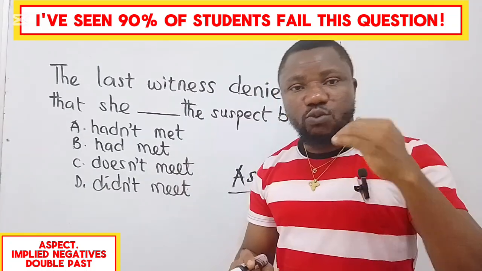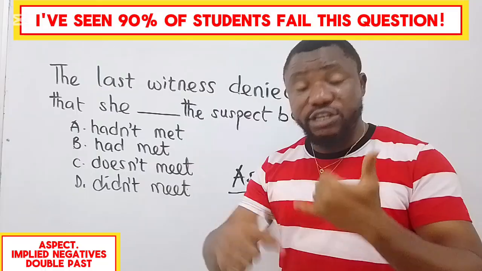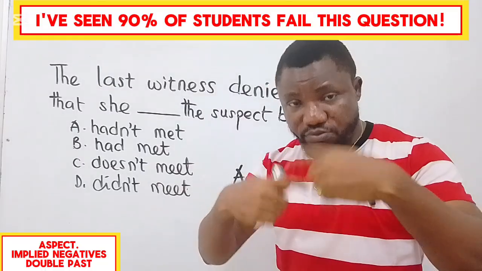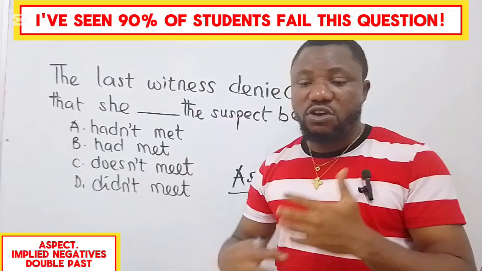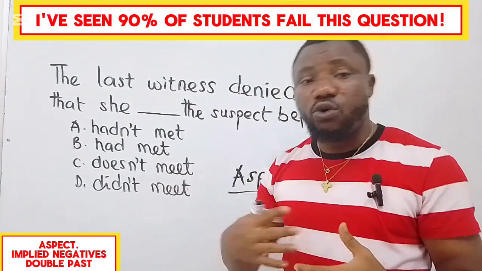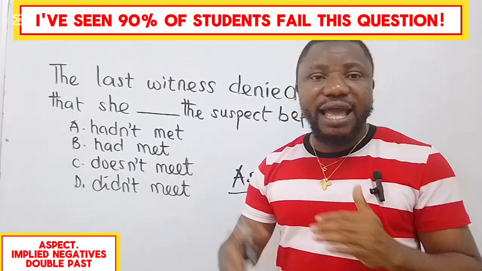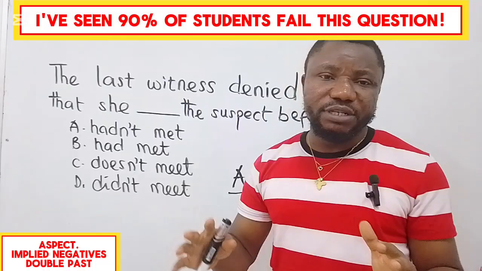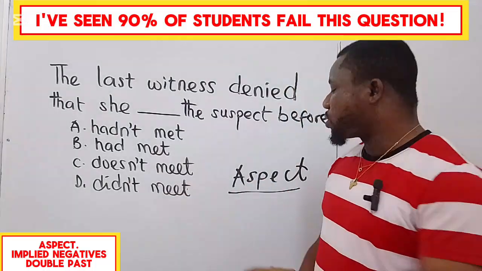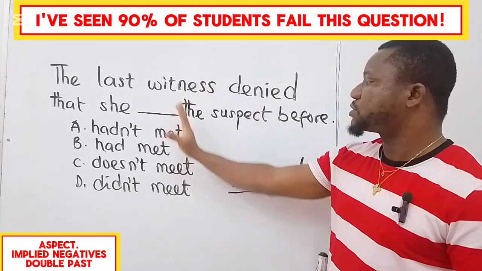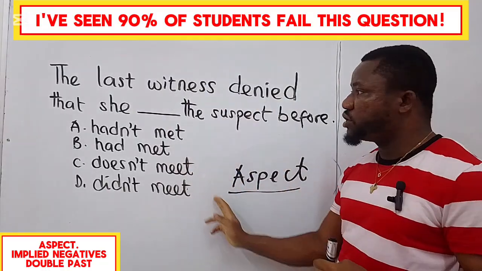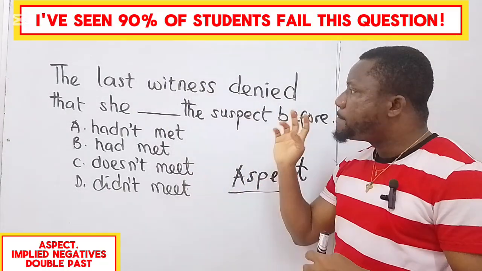In this case, whether the action is still ongoing, whether it's completed, whether the action is repeated, or whether the action happened after another had happened. So that's basically what the concept of aspect is about in the English language. This is the concept we're going to be using to answer this question.